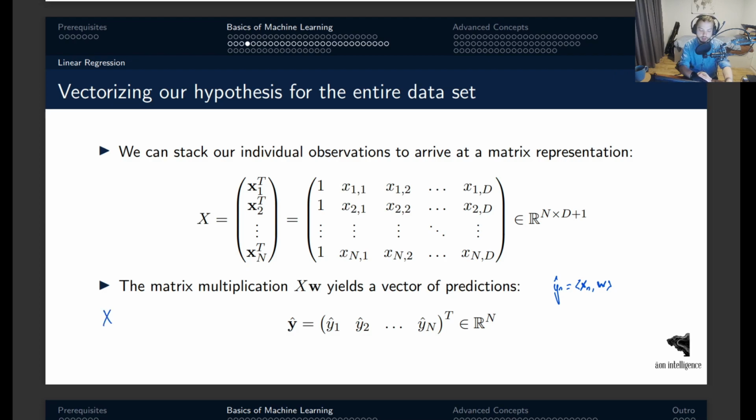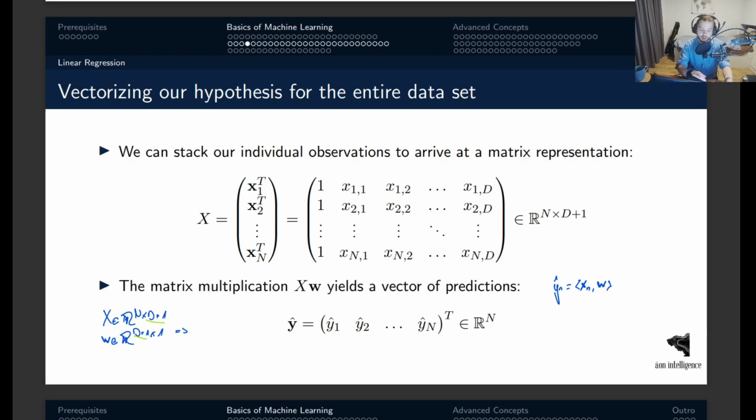To see this, let's consider the dimensionality of X and the dimensionality of W. By looking at these dimensionalities, we see that the multiplication of X and W is defined because the second dimension of X and the first dimension of W correspond. So we can actually multiply them.